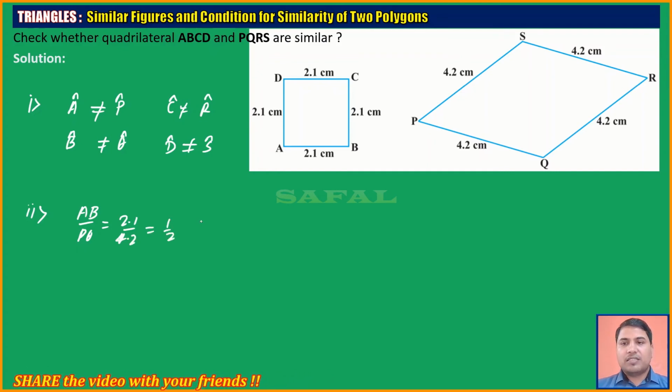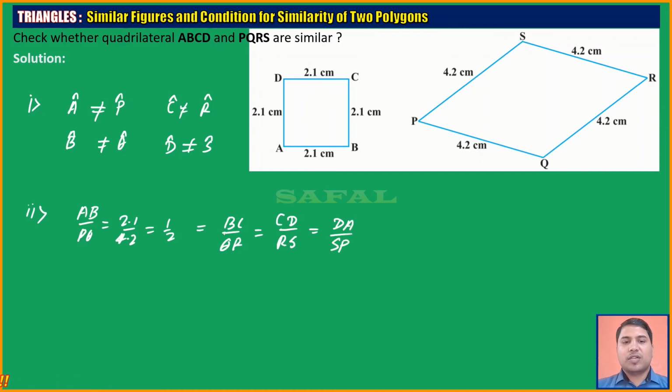Since all the sides are the same, you'll find BC by QR, then CD by RS, and then DA by SP, all are equal to 1 by 2. So here I can see sides are proportional, or I can say they bear the same ratio. So the second condition is true.